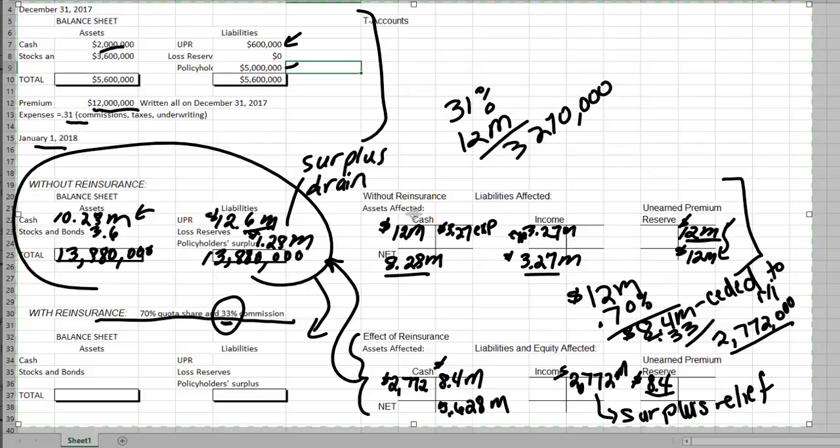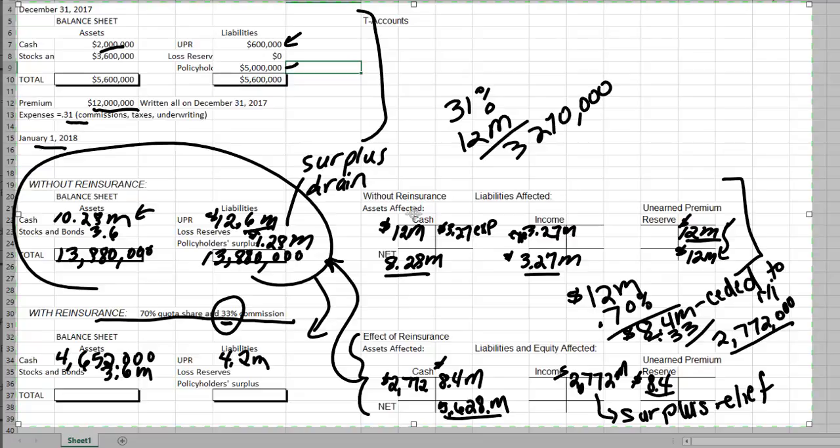So back to our balance sheet. We had cash of $10.28 million, and we subtract, this is a credit to cash, so we subtract the $5.628 million, and that's $4,652,000. Stocks and bonds don't change. And unearned premium reserve goes from our $12.6 million down to $4.2 million.